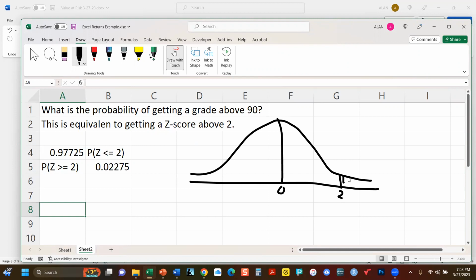The piece you're actually looking for is this 0.02275. All of this is 0.97725.